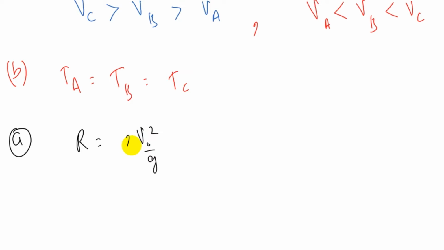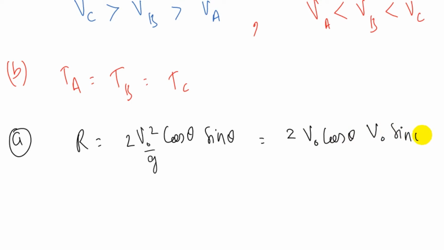Sine 2 theta we can write as 2 times cosine theta sine theta, and we can rewrite this as 2 times v0 cosine theta times v0 sine theta divided by g. Now this v0 sine theta is the initial vertical component, which is the same for all three projectiles. g is constant, 2 is constant.